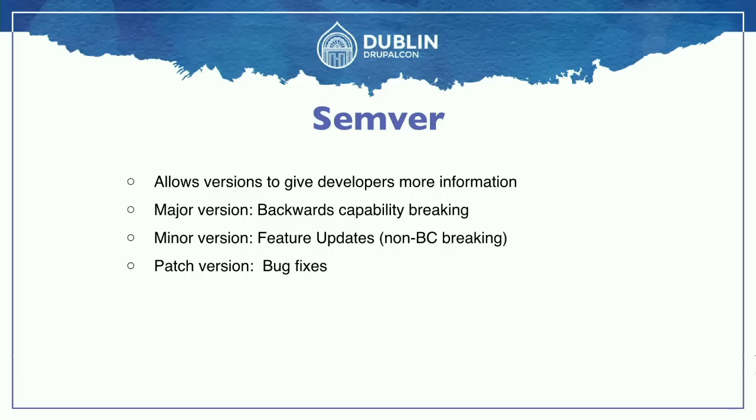Great. And then the patch version: you're all excited, you put a 1.0 version out there, it works fantastic, right? You wrote perfect code, but somebody finds a bug in it. How could there possibly be a bug in your code, right? But it happens. So somebody fixes it for you, submits a pull request, and you pull it in. When you commit that to your library, then you can update the patch version.